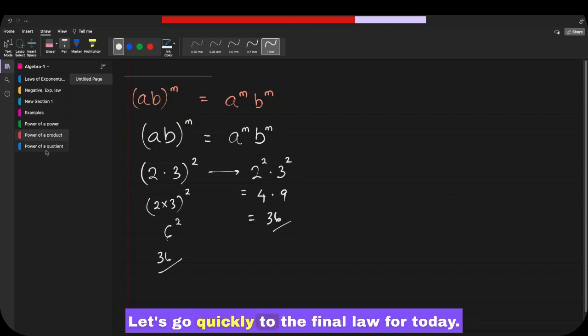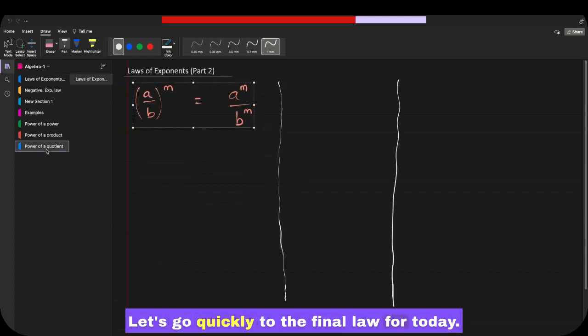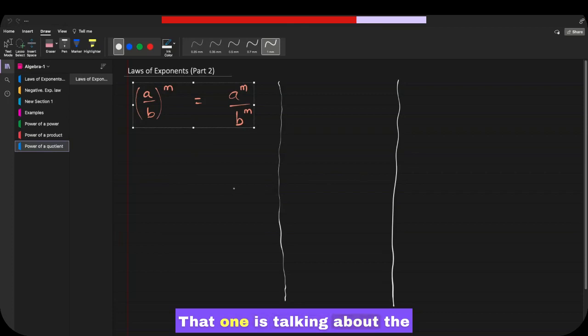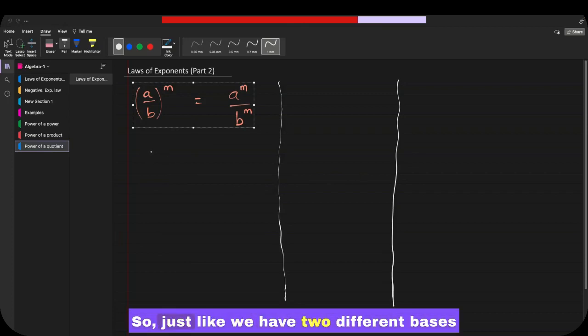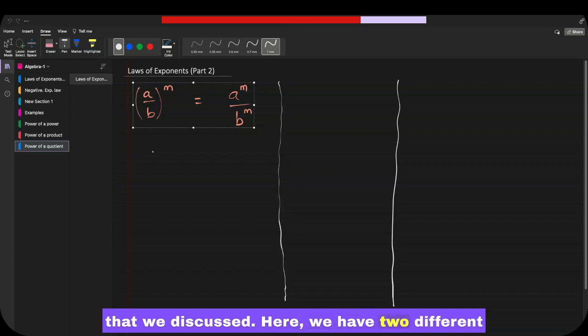Let's go quickly to the final law for today. That one is talking about the division of two different numbers, right? So just like we have two different bases that were multiplied together in the last law that we discussed, here we have two different bases that are divided by one another.